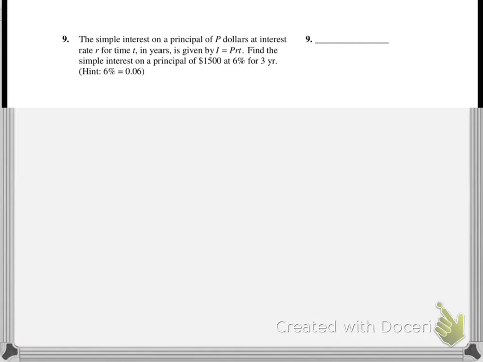So here is a formula that has a lot of different variables in it, and it has an equal sign, so technically this is an equation. But we can solve the equation once we substitute in the values for the variables. So the P stands for $1,500.